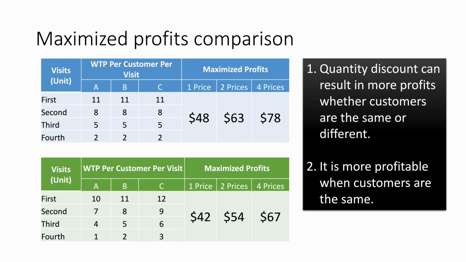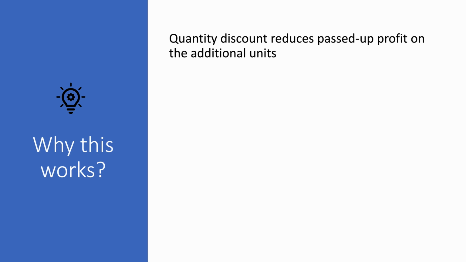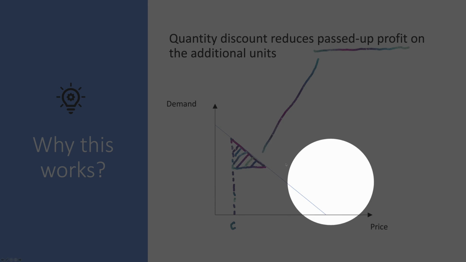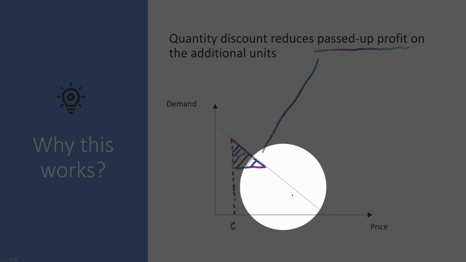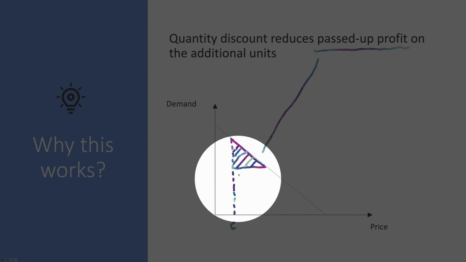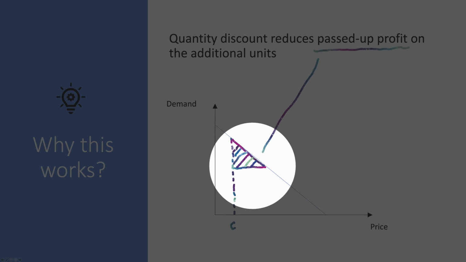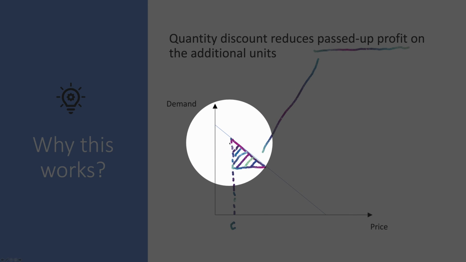So the question is why this works. The point of using quantity discount is to reduce the passed-up profit on the additional units. If we put it in the demand curve that we have discussed earlier, remember price, demand, demand curve, variable cost, and this triangle corner is what we call the passed-up profit.